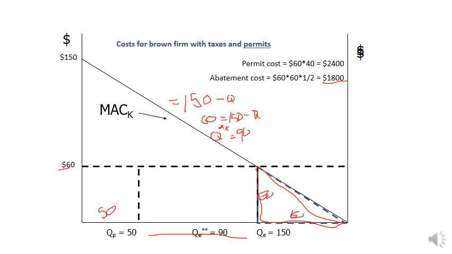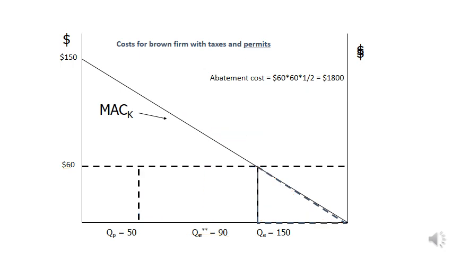And the other firm, the green firm, is selling at $60 a permit 40 more pollution permits. So this firm is paying $1,800 to abate. They're also buying $2,400 worth of permits at a cost to them of $4,200. Recall last time that they were paying, between their abatement cost and their taxes, $7,200.